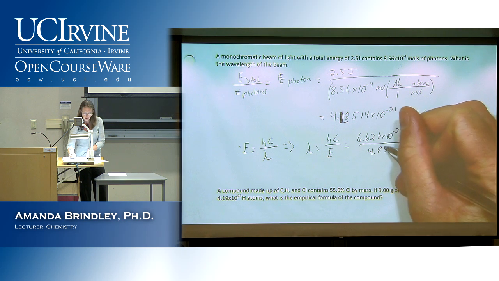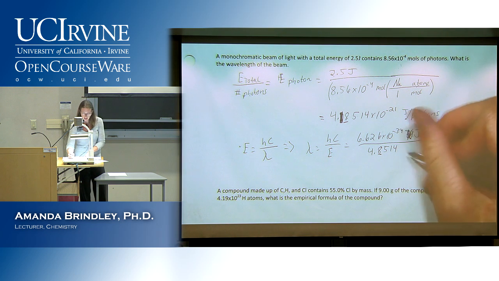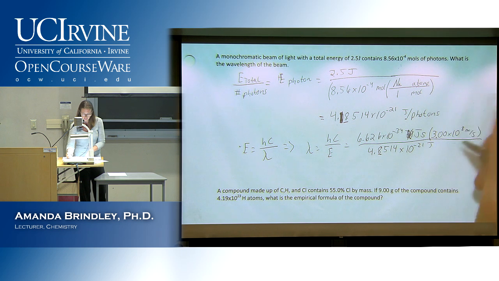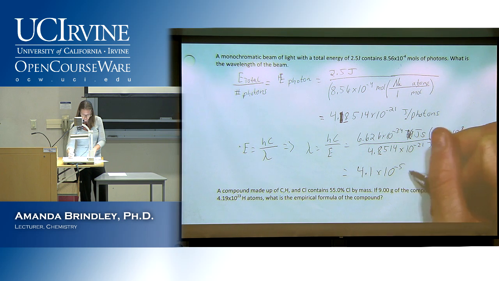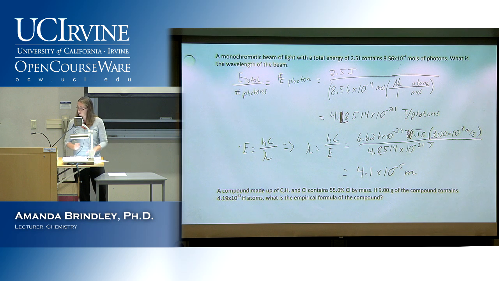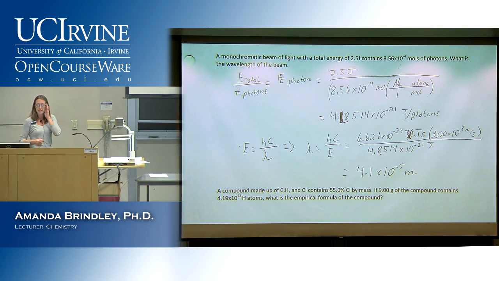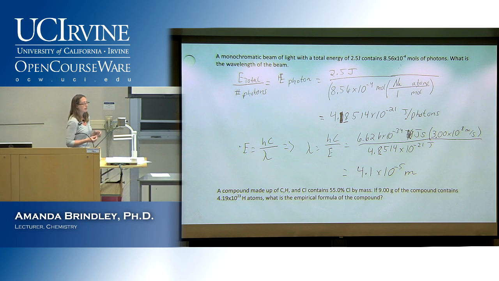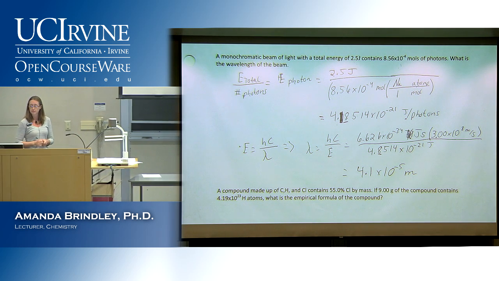No, right? We hold out some sig figs. We underline the last significant one so that we can keep track of it quickly without having to go all the way back through. And then we write out our number. So we have 4.1 times 10 to the negative 5th meters. And again, since I didn't say give it in nanometers, you're fine to just leave it in meters. You don't have to convert into any particular thing.